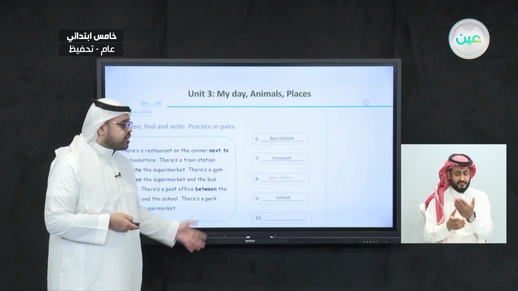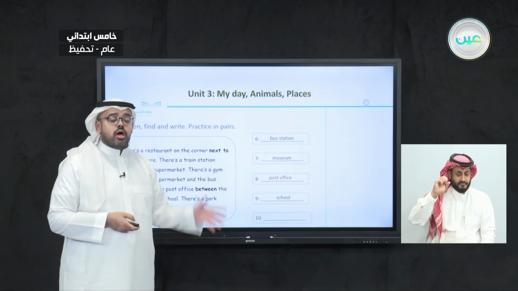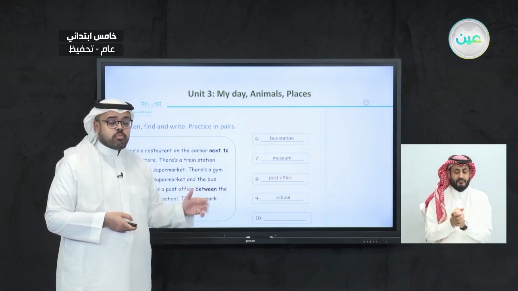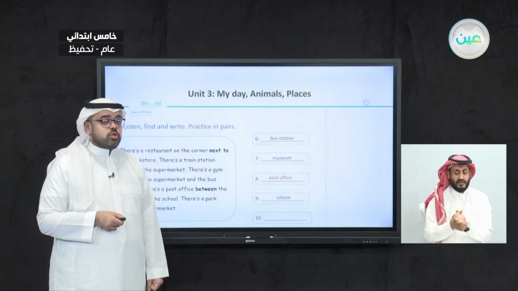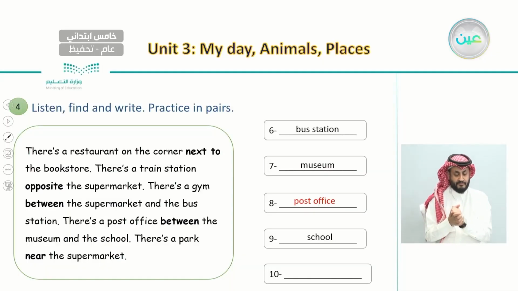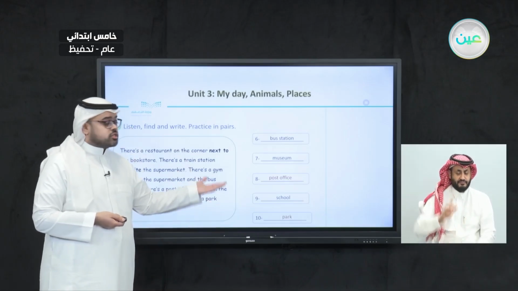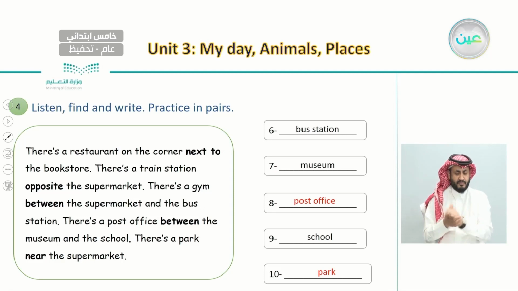So in this case, we can write that number 8 is a post office. Now this will leave us with the last thing: there is a park near the supermarket. And so the last place we're going to write is a park, which is near the supermarket.